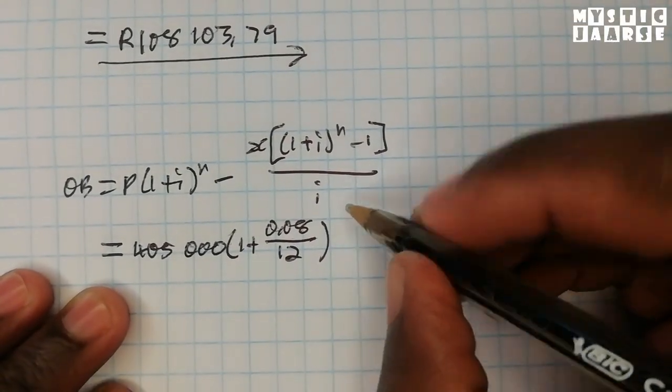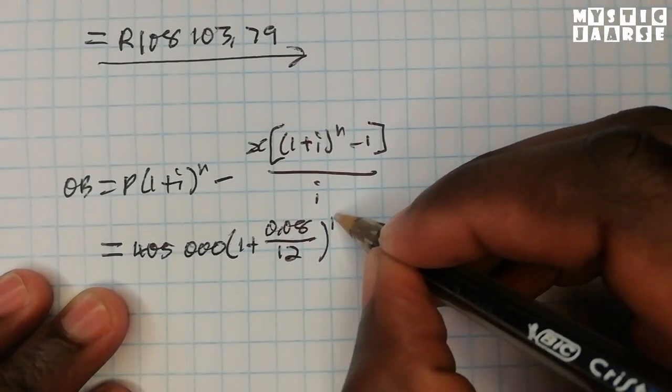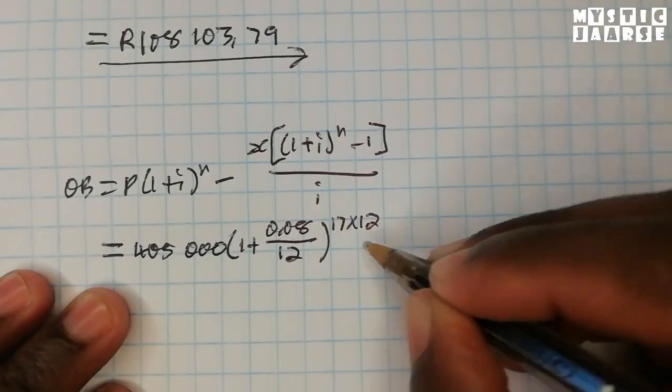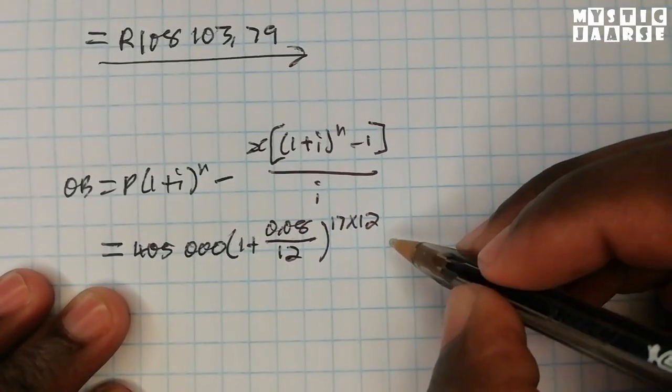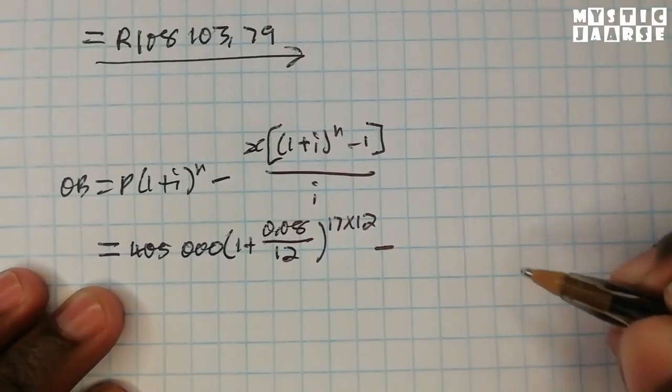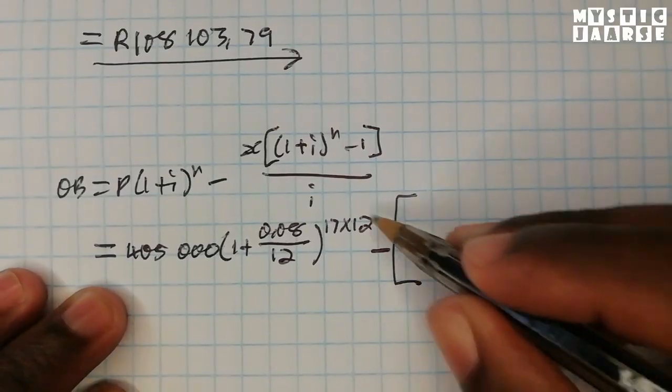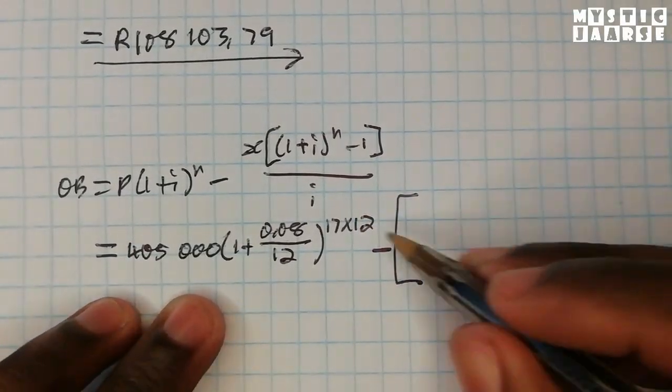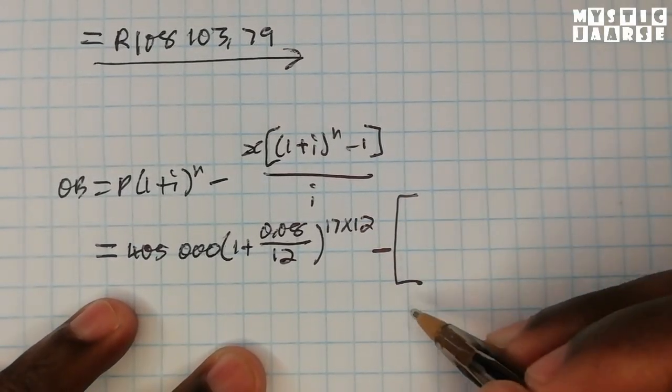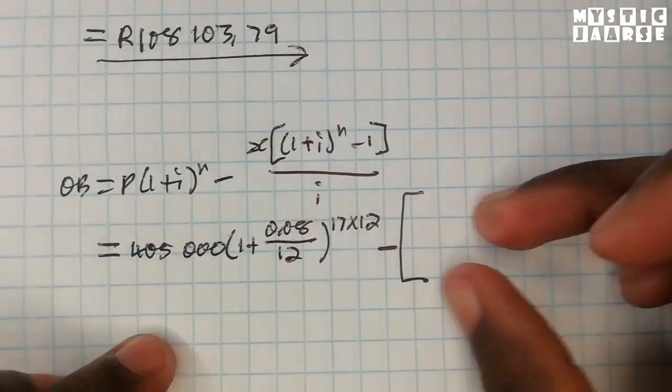Now, Mr. Williams was making payments for 17 years times 12 because we want to know the exact number of payments that he made. Minus, now I usually open a bracket here because when I plug this into my calculator, I will automatically open a bracket because I'll be copying.